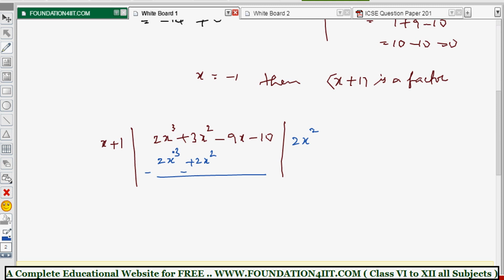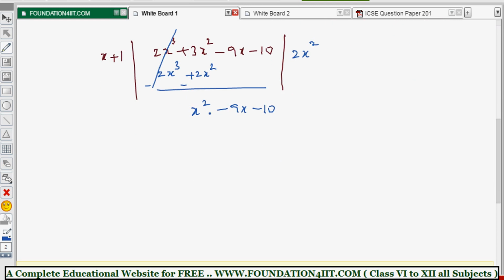Just subtract and cancel. 3x square minus 2x square is x square, and minus 9x minus 10 is the next term. Again first and first, so plus x. x into x is x square, x into plus 1 is x, and this minus 10 as it is. Minus 9x minus x is minus 10x, and minus 10 you can take down.